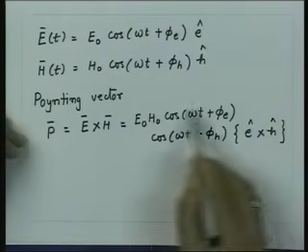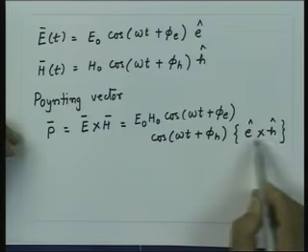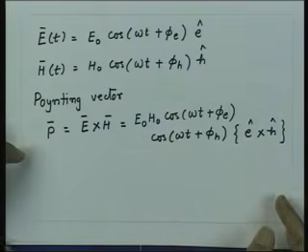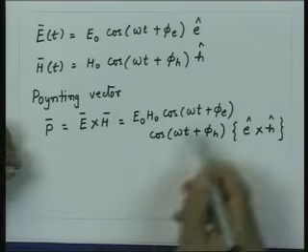This quantity is a scalar quantity, and you have the cross product, which essentially is the cross product of the unit vectors. I can simplify this.